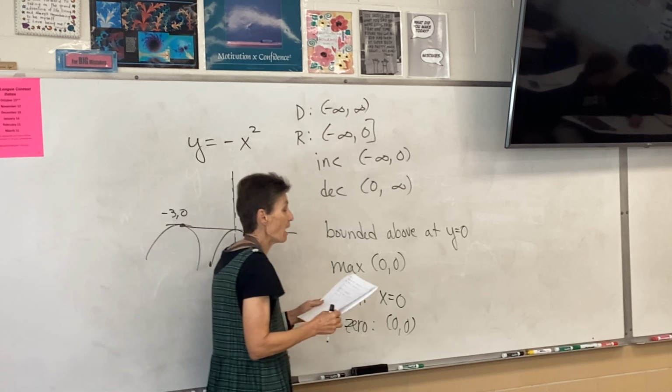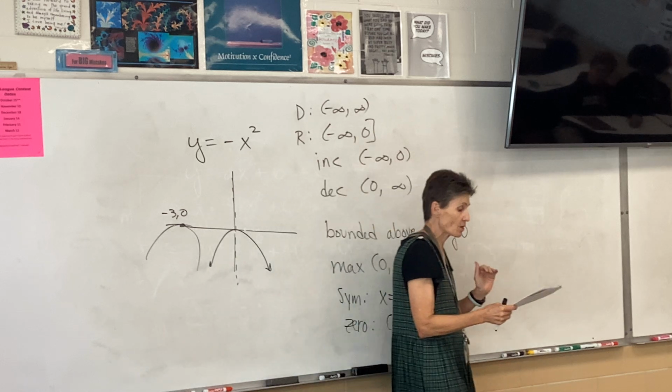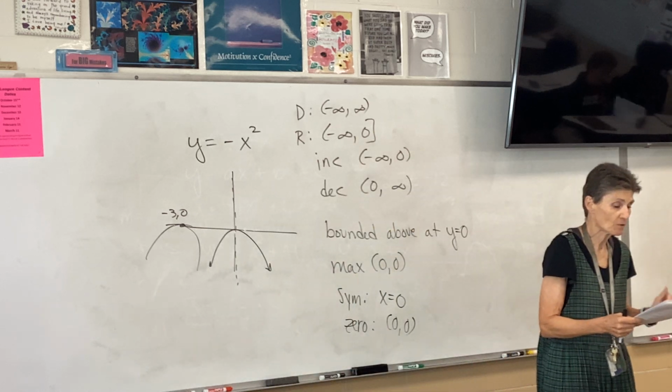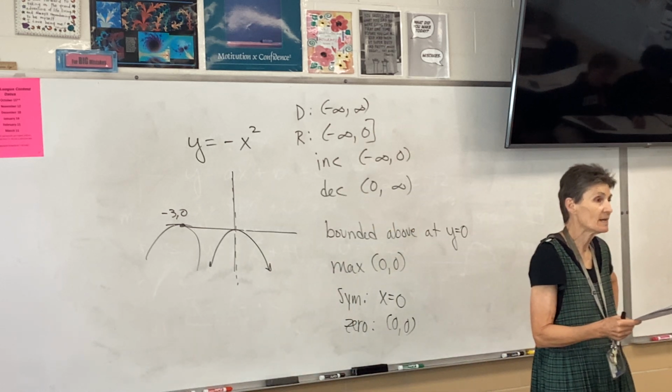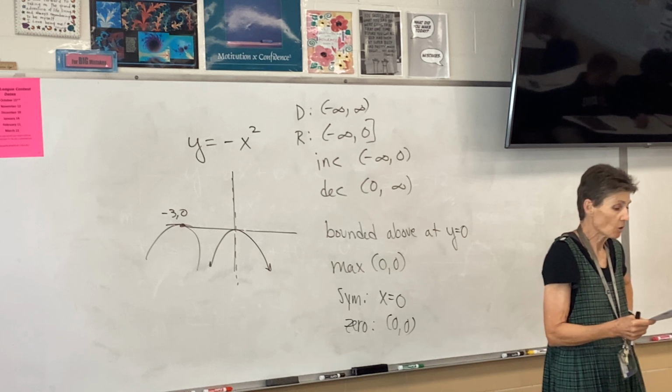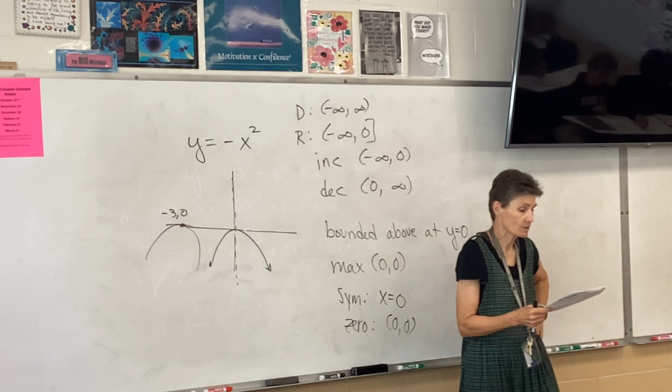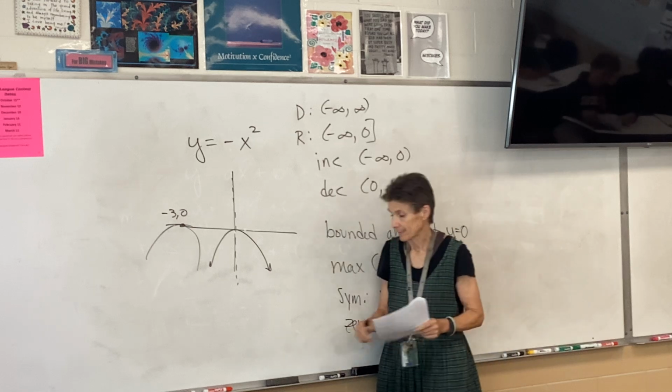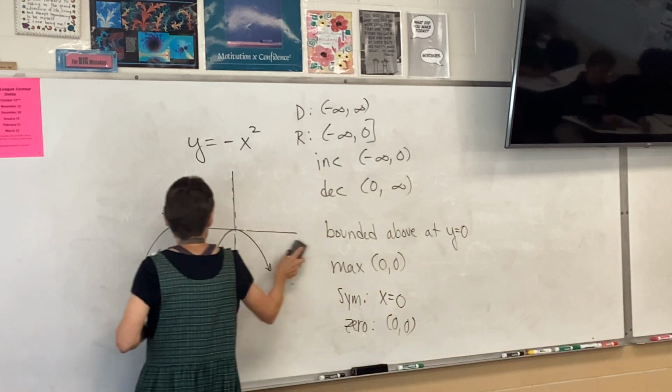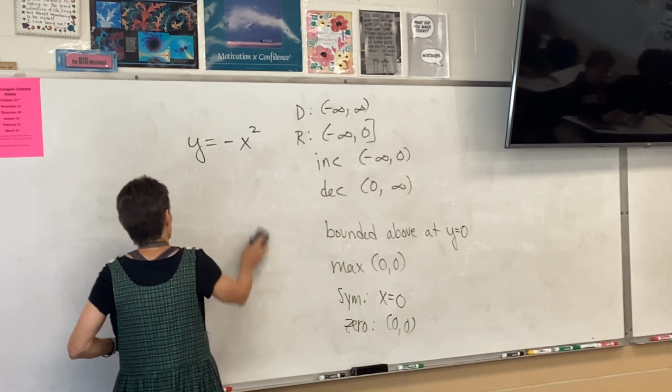Okay, so now we've got a couple minutes. We're going to get started on the next page of your notes, which is 11A, and it's called supplemental symmetry notes. Here we go.